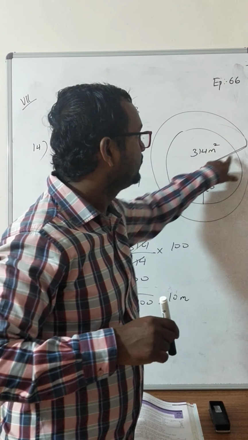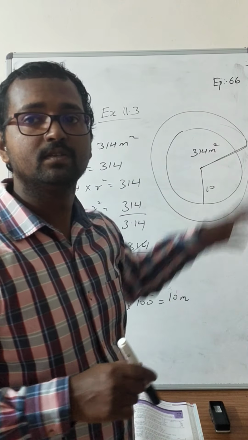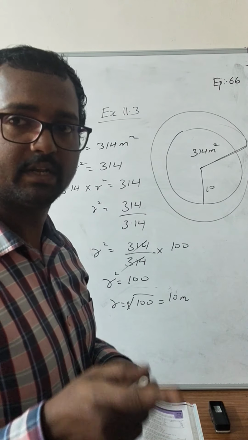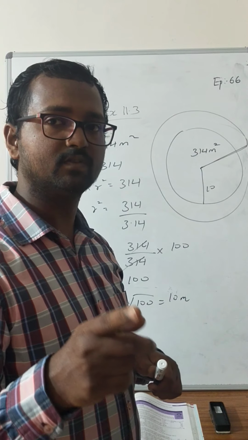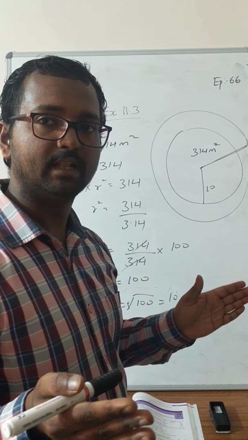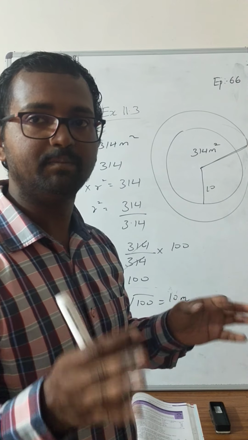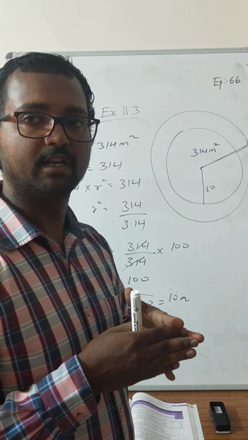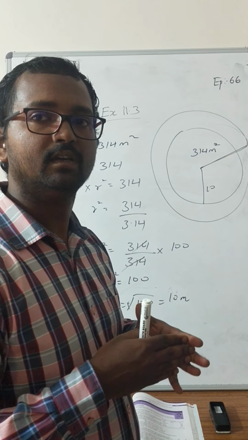So the sprinkler can cover a larger area. Will the sprinkler water the entire garden? Yes, because the radius that the sprinkler covers is 12 meters, and the radius of the circle is just 10 meters. So this circular flower garden comes within the limit of the sprinkler.